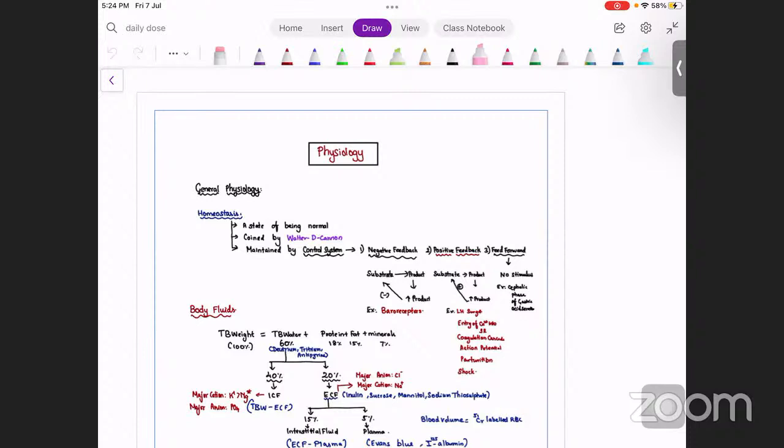The medium or average areas are your respiratory, nerve muscle physiology, and the general physiology, while the low yield one is your endocrine physiology, because you study that in a lot of subjects. So being asked very specifically from this physiology is very, very rare.